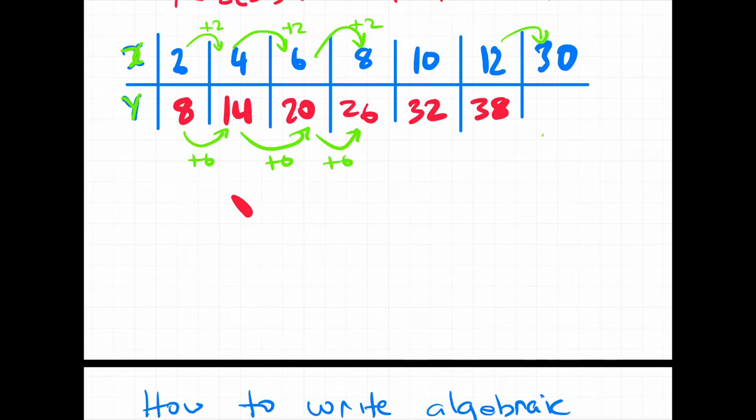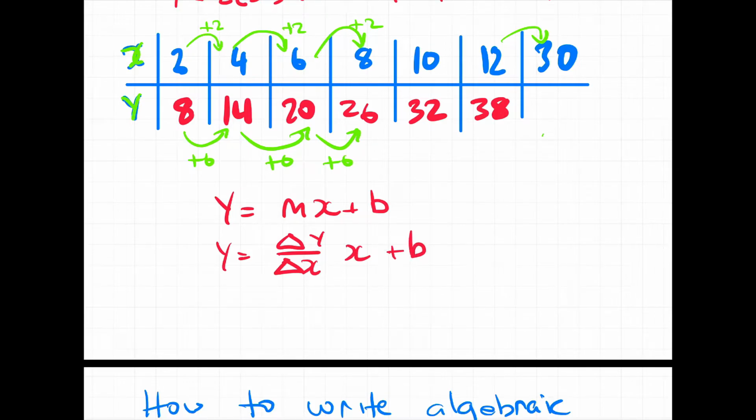y equals mx plus b. So what is m? m is the change in the y over the change in the x, and then it's x plus b. So if I look here, y equals, well, what is the change in y? It's going to be 6. What is the change in x? It's 2.